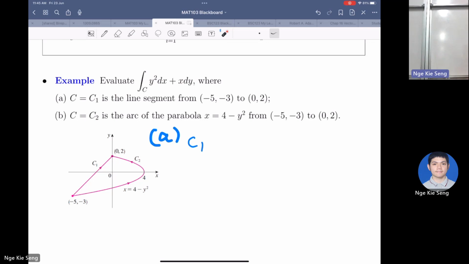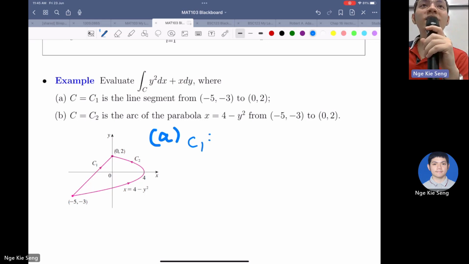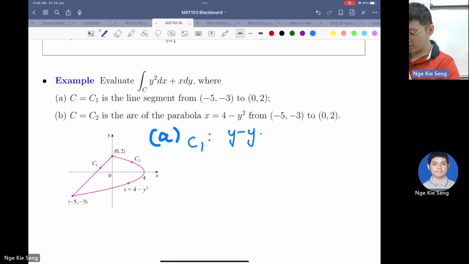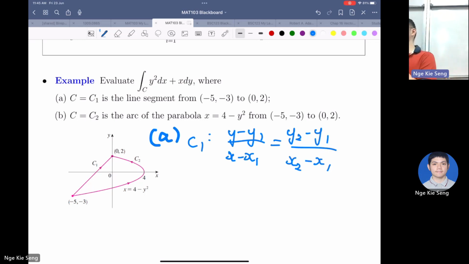So this is a line segment. Can you get an equation of the line or not? How to get the equation of a line? Find the gradient. So the formula is y minus y1 over x minus x1 equals y2 minus y1 over x2 minus x1. This one is very important.